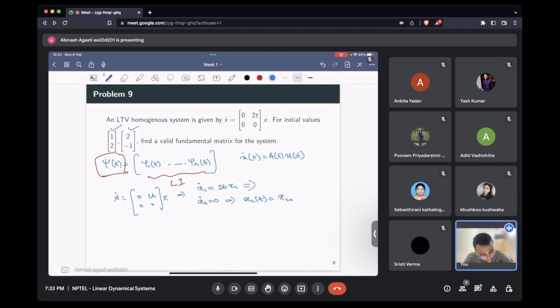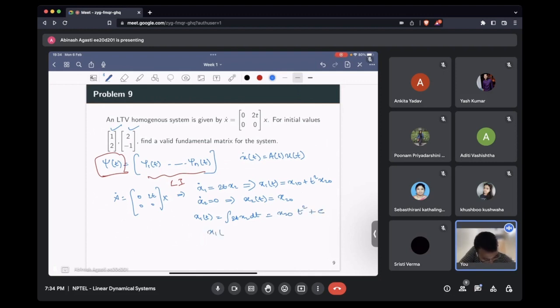Integrating, x1 of t will have t square times x2 naught plus some constant, given that x2 is constant.